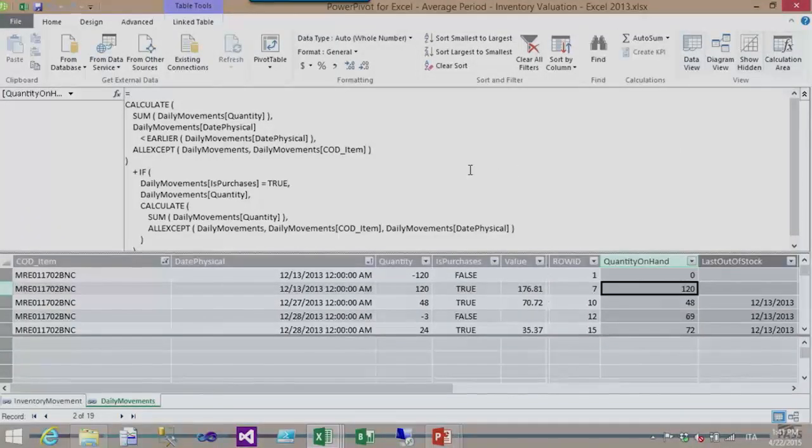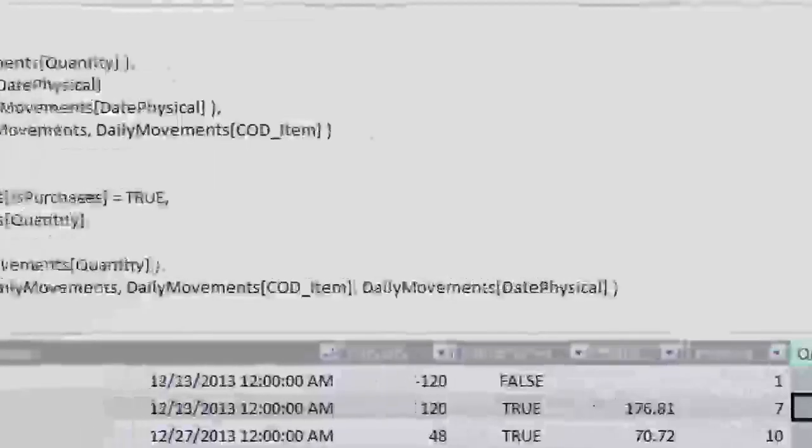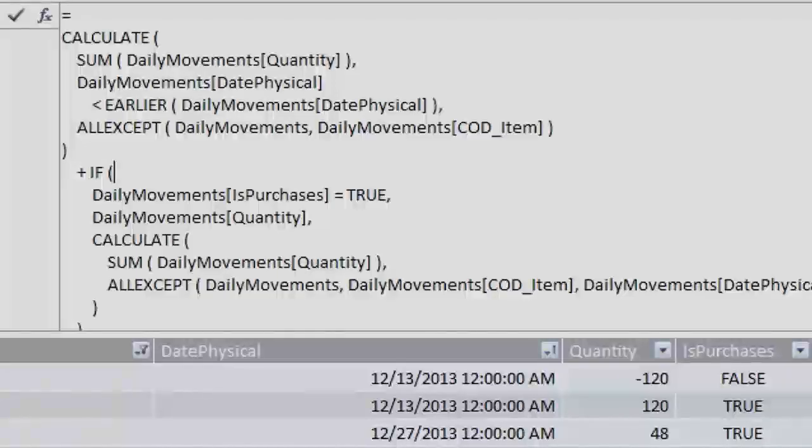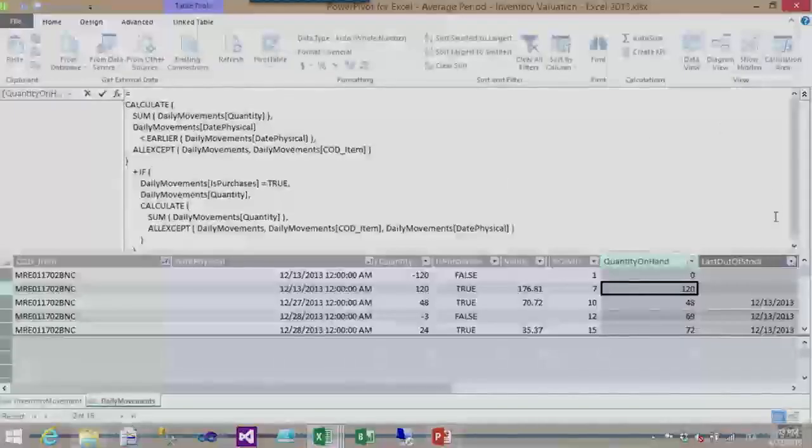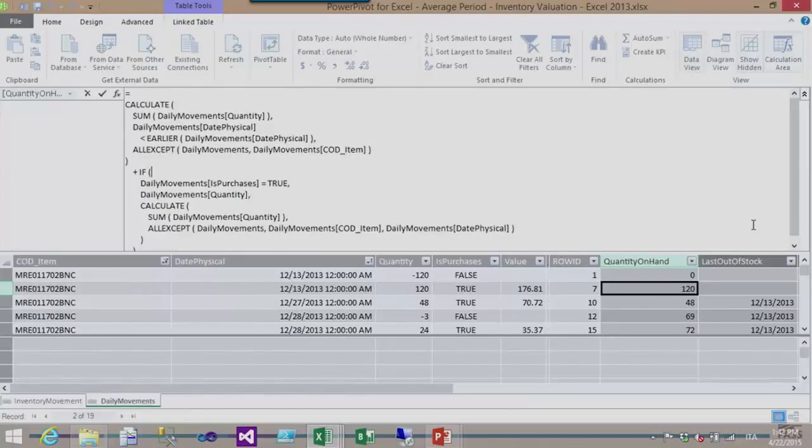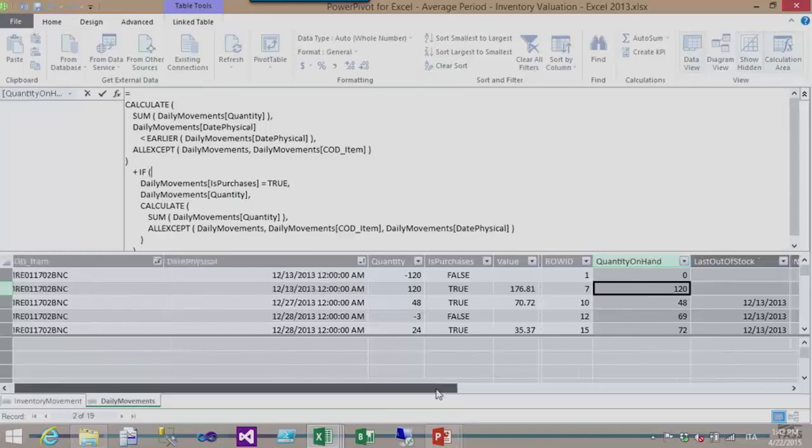If you remember, the quantity on hand was a measure in my previous examples. Now this is a calculated column. So for every transaction, I know what was the final quantity on hand for that product at that particular day. And this is the same calculation that you have seen in the measure, written into a calculated column. So for every transaction, now I have the quantity on hand. At this point, and here is the trick.